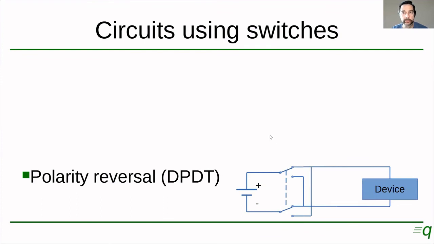Next, we have this polarity reversal circuit, which is made with a DPDT or double pole, double throw switch, which is the kind of switch we have here. How does this work? So we have a power supply or a battery, with the positive and negative side. When the switch is in this position, the positive terminal is connected over here to the top of the device.